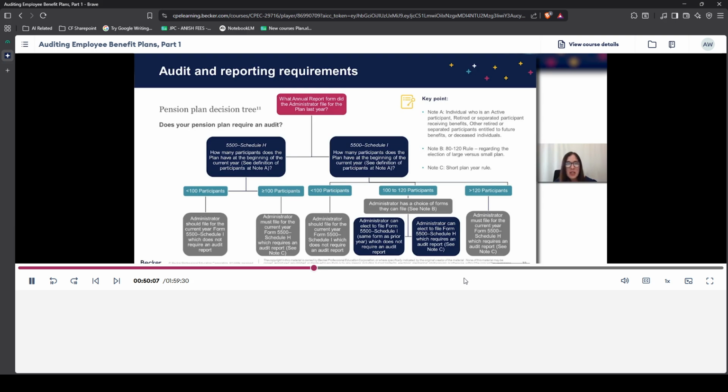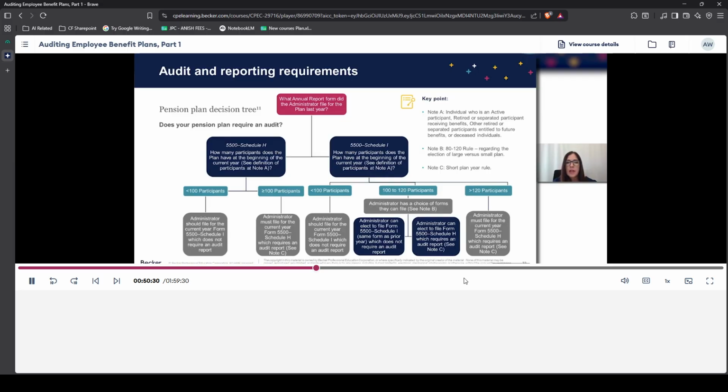But to make this a little easier to understand, let's go through this little chart here. The first thing you have to look to see is, what did your plan file in the prior year? So let's start here on the right-hand side. Let's assume last year the plan filed as a small plan with the Schedule I. Then you look to see how many eligible participants they have as of the beginning of the plan year.